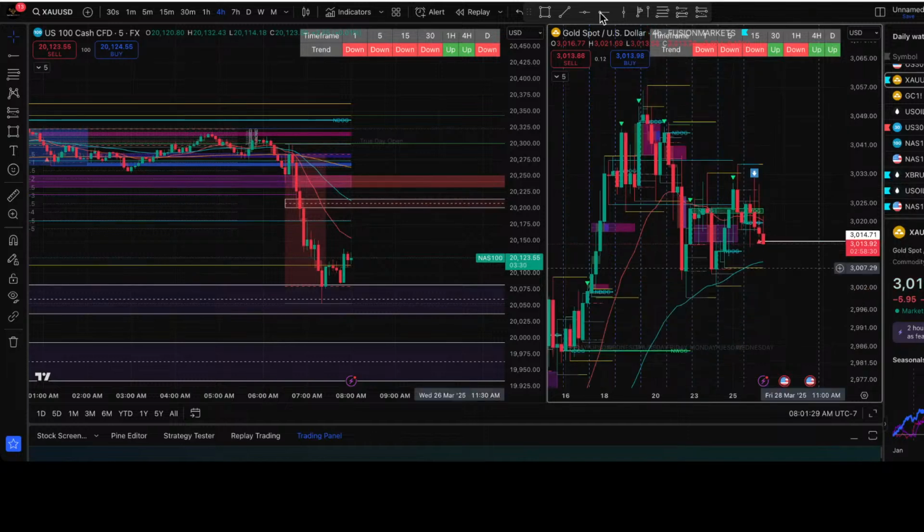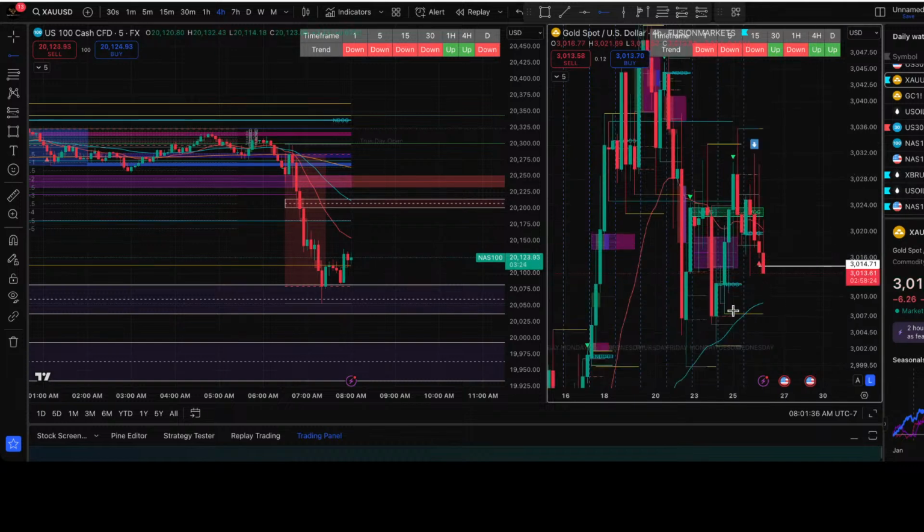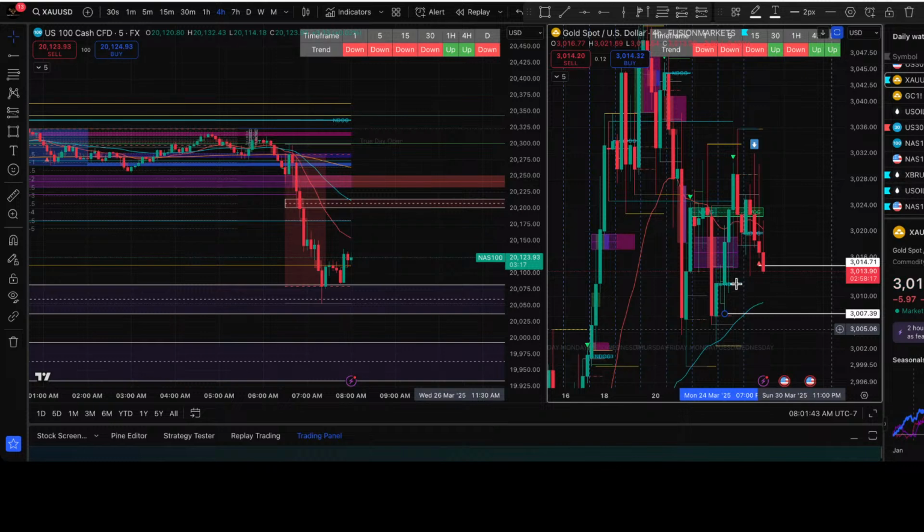So we might just be heading down to previous day's lows. We've already taken out previous day's lows. That's the next. Oh, no, that is previous day's lows. Sorry, I thought that was the day candle for a second. So could be heading down there.